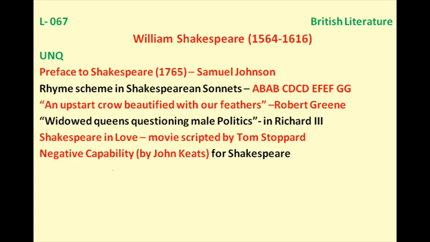When we were discussing him, I mentioned that Robert Greene was in some sort of conflict with William Shakespeare, and he criticized him by calling him an upstart crow. The full statement was, Shakespeare is an upstart crow beautified with our feathers.